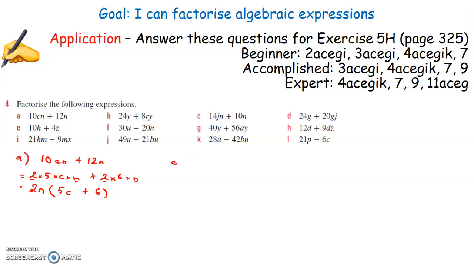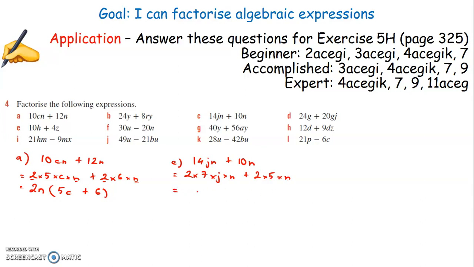For C, we have 14jn plus 10n. So let's rewrite this. 14, that's 2 times 7 times j times n, plus then 10 is 2 times 5 times n.